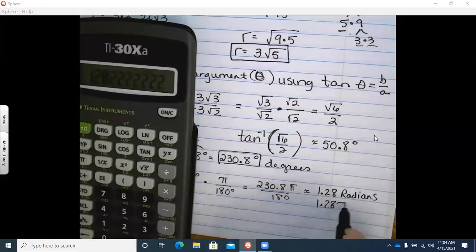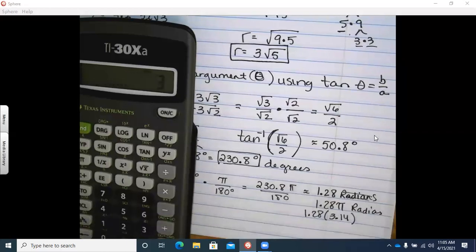Sorry, I forgot my pi. That makes a difference. But I wouldn't want to leave it like that probably. I wouldn't want to put cosine of 1.28 pi. So in radians, is pi 3.14 or 180? 3.14. So 1.28 times 3.14, and I get 4.026.